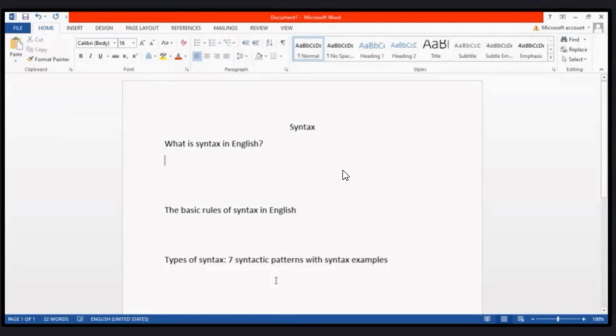In English, when we use syntax, it is the arrangement of words and phrases to create well-formed sentences in a language.